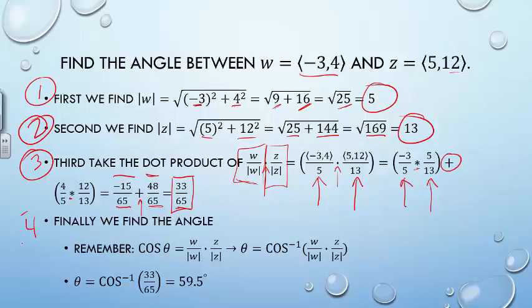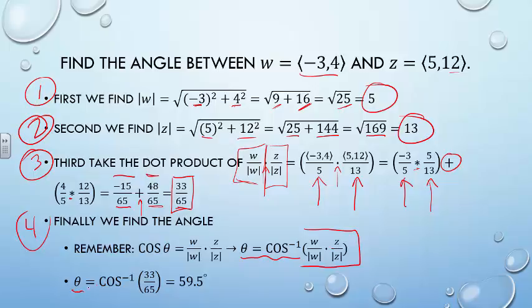Lastly, we find the angle. This is our fourth and final step. Remembering that theta equals the inverse cosine of the dot product of w over magnitude w and z over magnitude z. Well, we already know all these numbers, and we did the work above, so we plug it in.